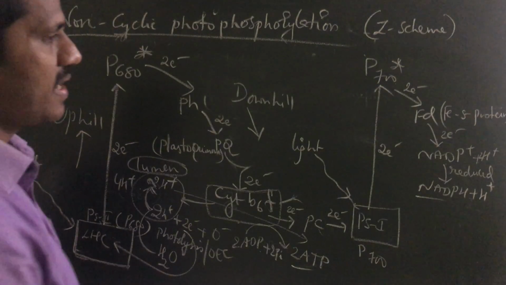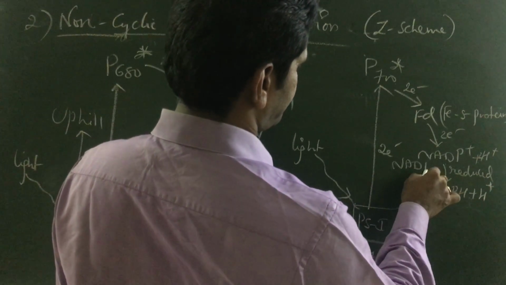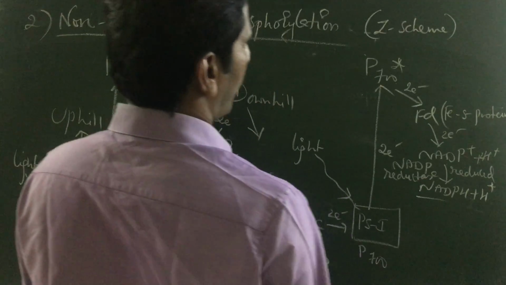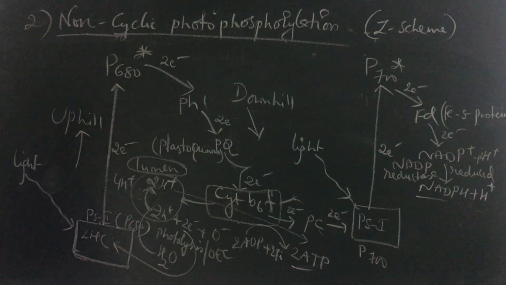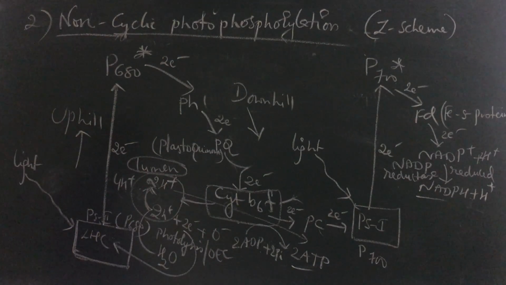So what is the enzyme here? NADP reductase. The enzyme which reduces NADP plus and H plus to NADPH and H plus is nothing but NADP reductase, and photosystem 2 both are involved in the non-cyclic electron transport chain.